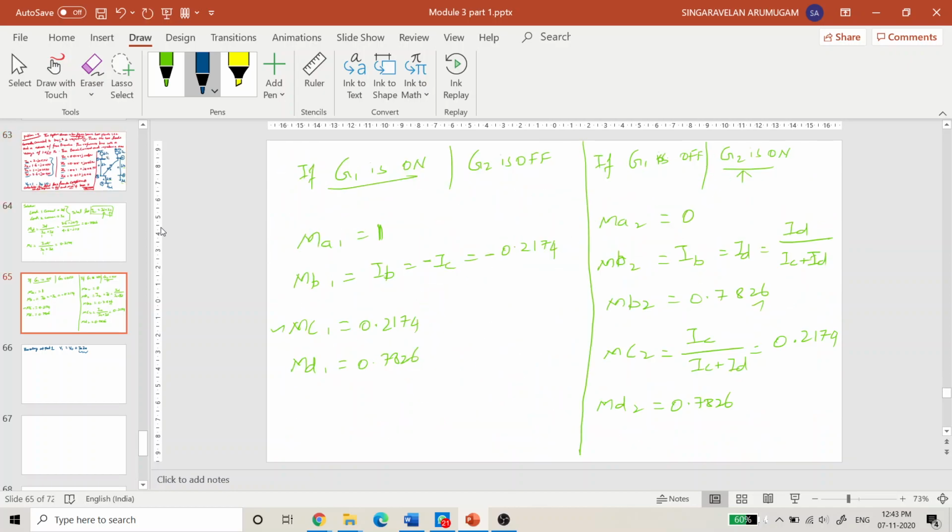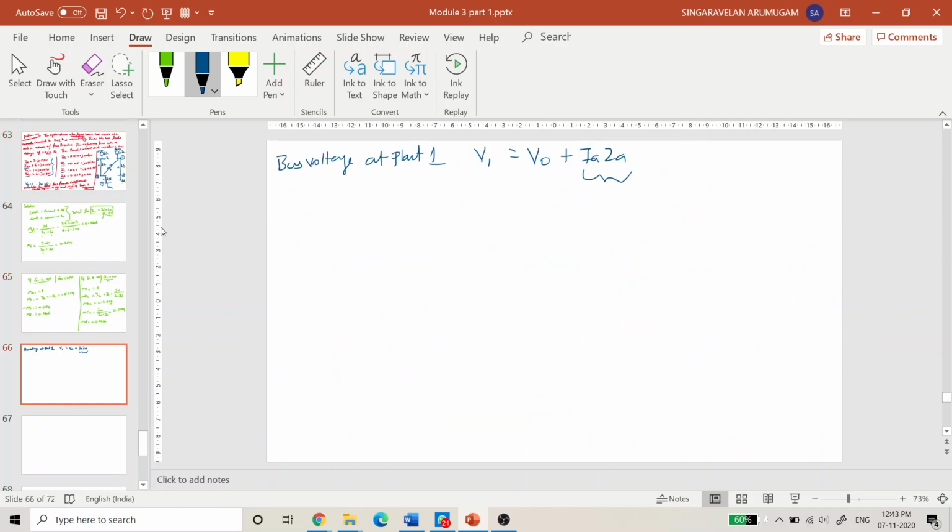So V1 is equal to 1, because V0 is given in the question, the reference voltage is 1 with angle of 0, plus IA. We found IA, and ZA is given in the question, so it is 2 minus j0.5, and ZA value is 0.015 plus j0.06. If you solve, V1 I will get 1.066 angle of 6.05 per unit.